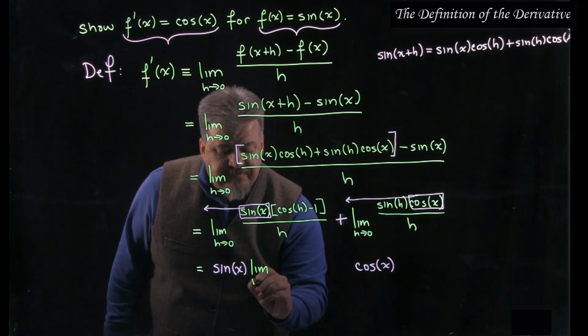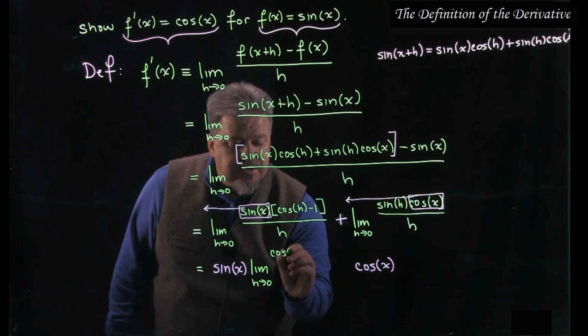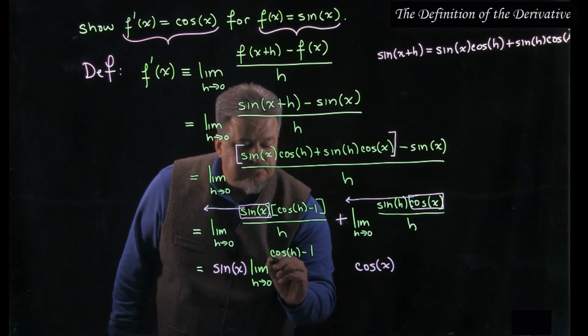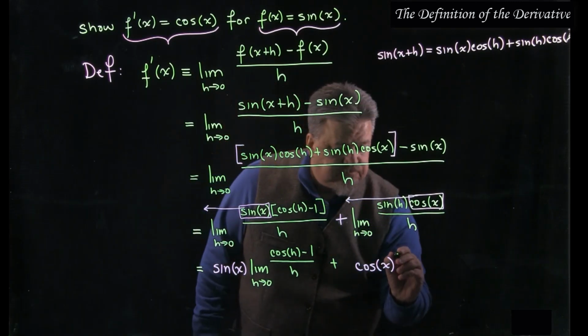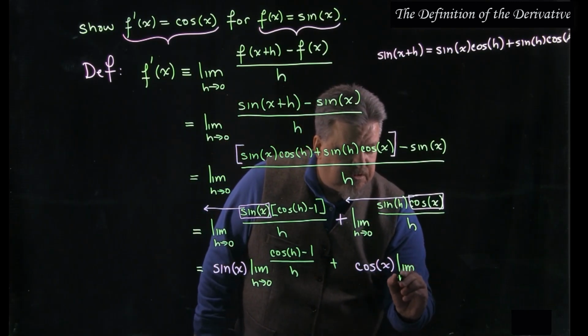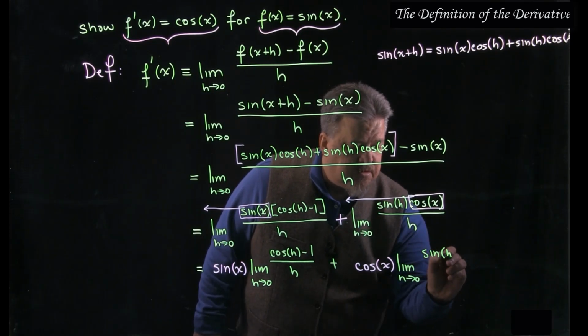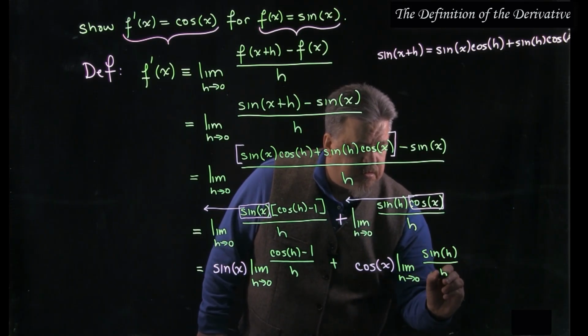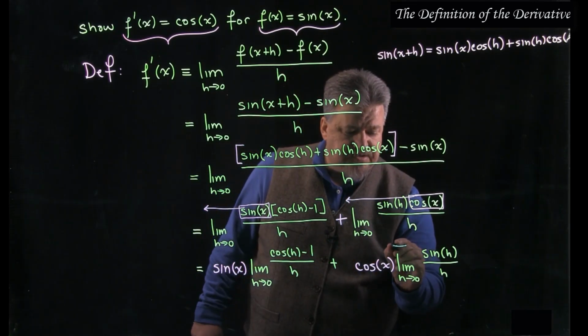And we should see our favored two trigonometric limits appearing here in green. Okay, so this limit is well known to us.